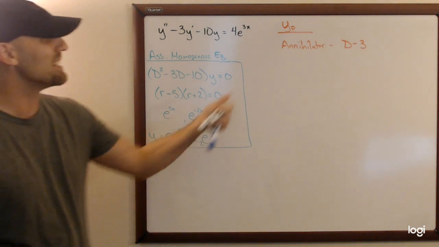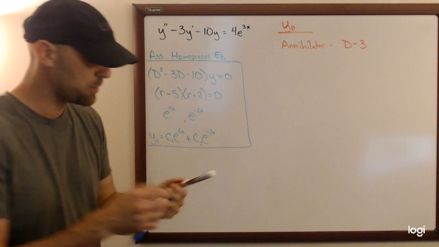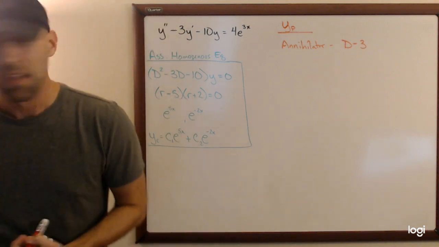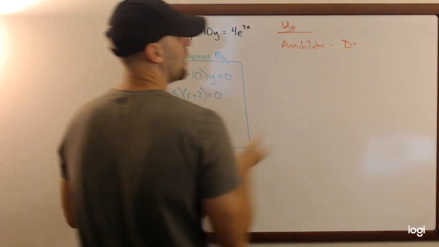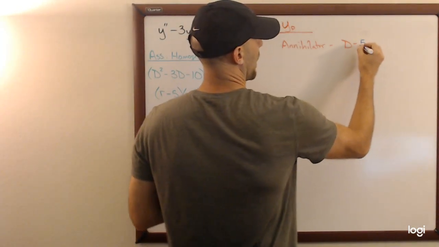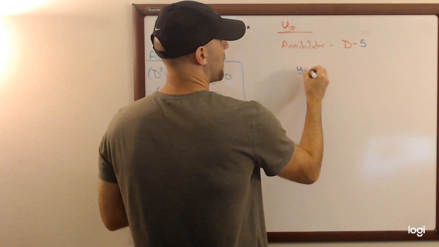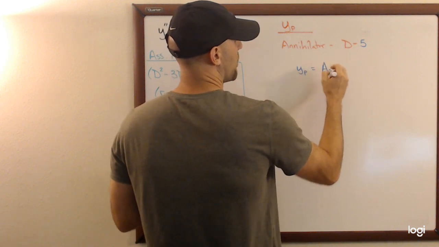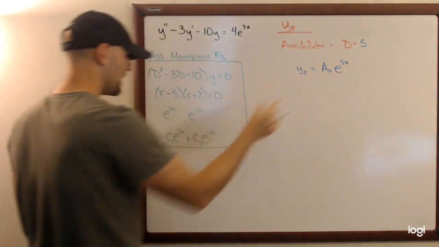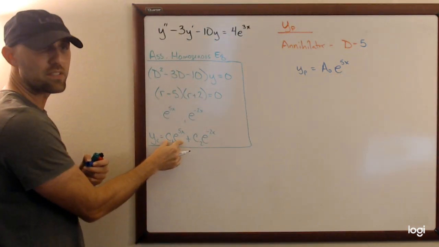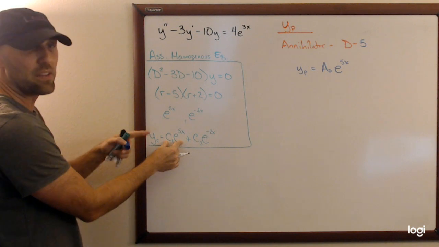So if I had D minus 5, hypothetically speaking, then I can't make my particular solution some arbitrary constant times e^(5x), because this is not linearly independent from this. This is e^(5x) as well.